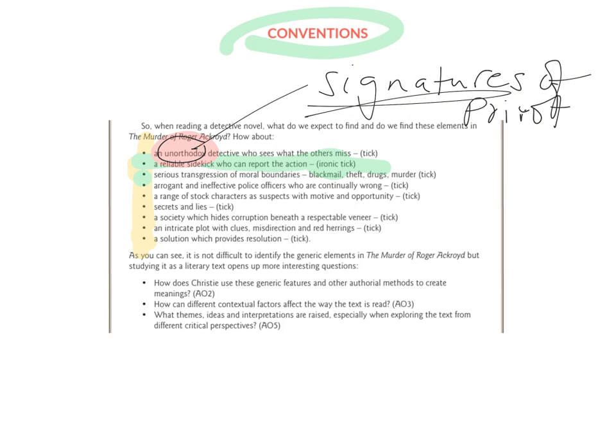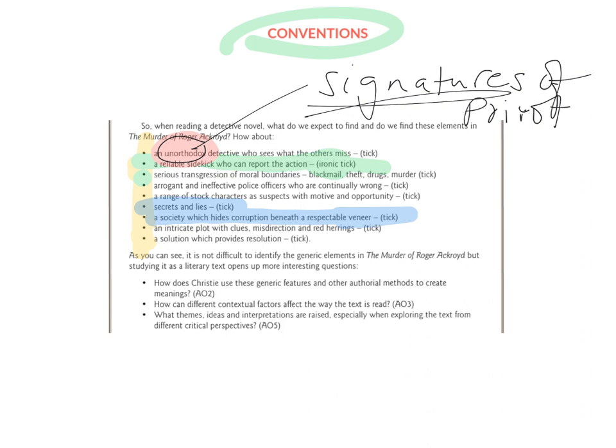Secrets and lies, massively important in a novel like this, could even be the focus of a question from AQA. The third from bottom there, a society which hides corruption beneath a respectable veneer, linked to that idea of the English country house and the cosy mystery again. So they're there, but we've already started to explore why we put something as shocking as a murder within these settings.